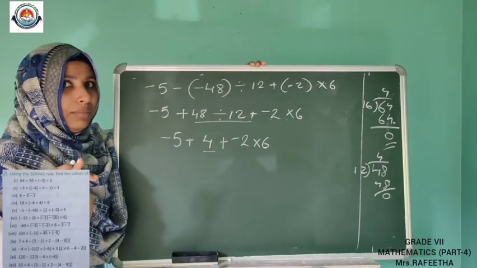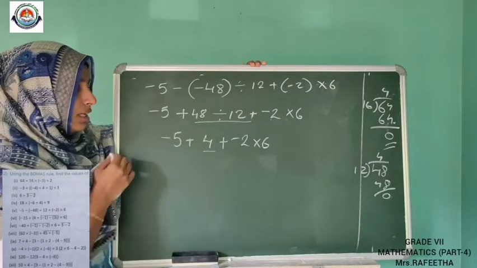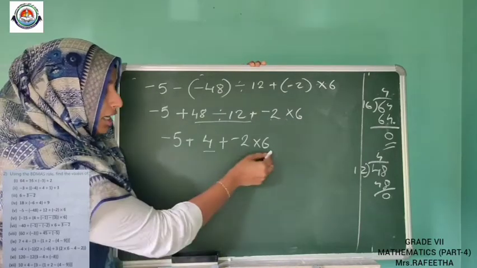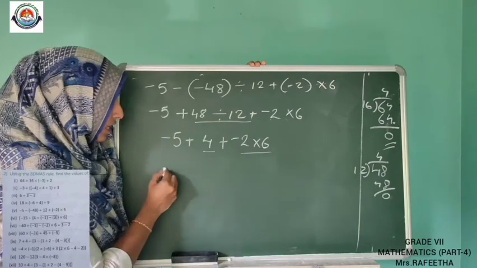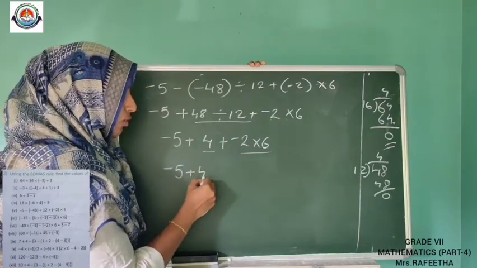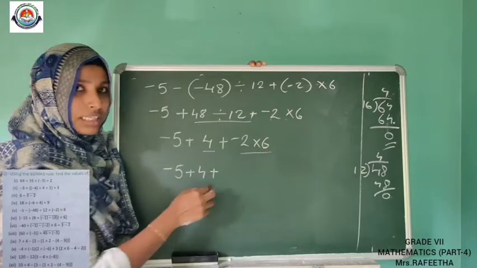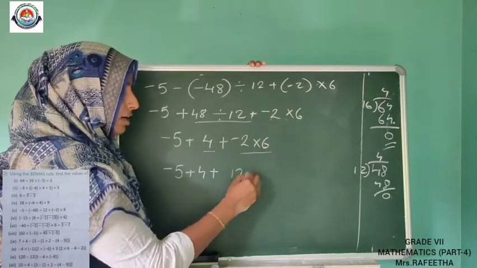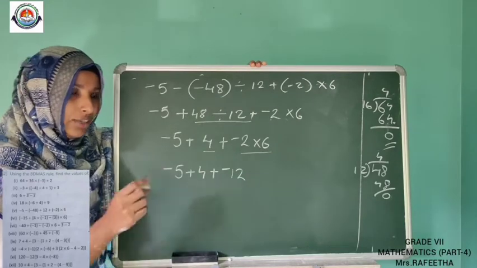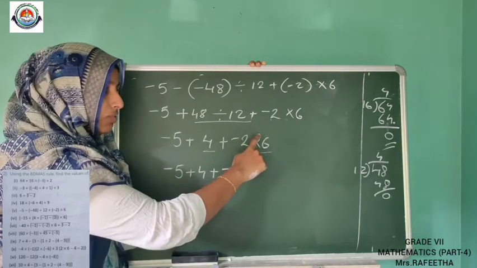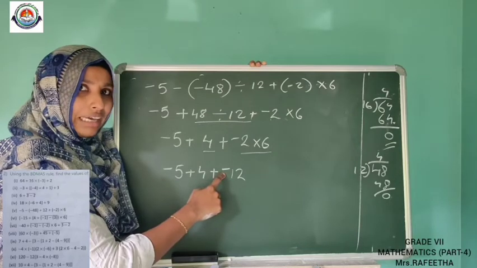Now brackets are over, division is over. The next is multiplication. Is there any multiplication here? Yeah, here minus 2 and 6 are going through multiplication. So minus 5 plus 4 plus minus 2 into 6. 2 sixes are 12. Here one is negative and one is positive, so the answer will be negative.